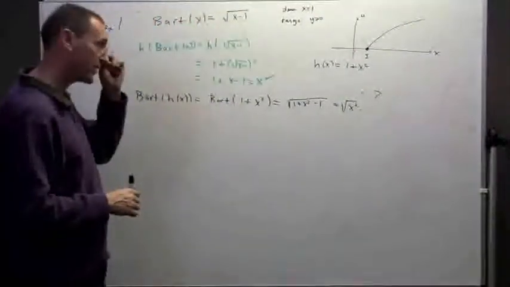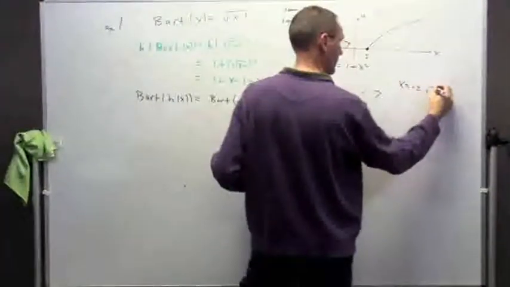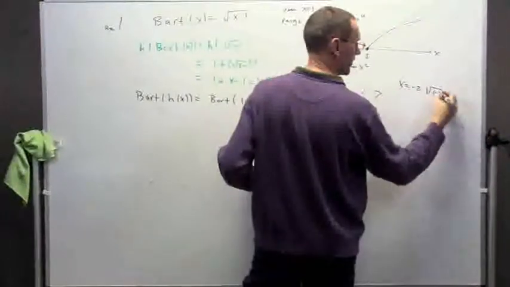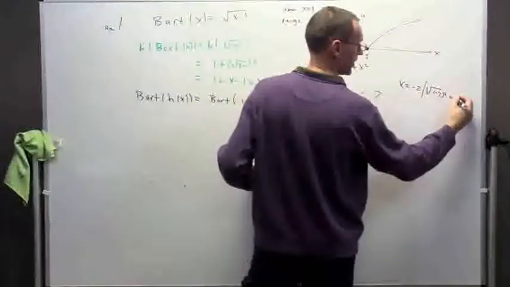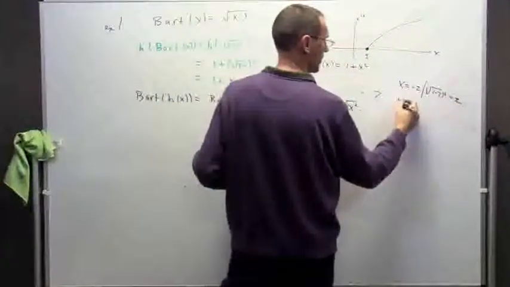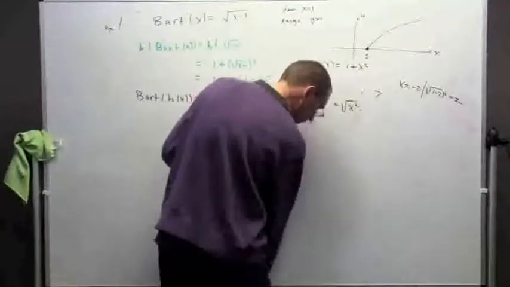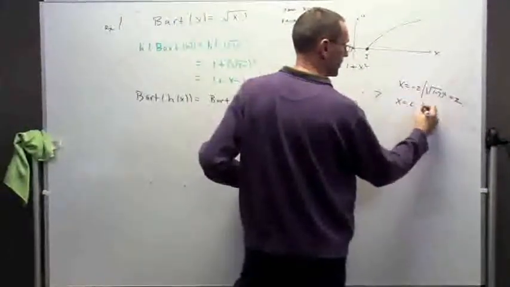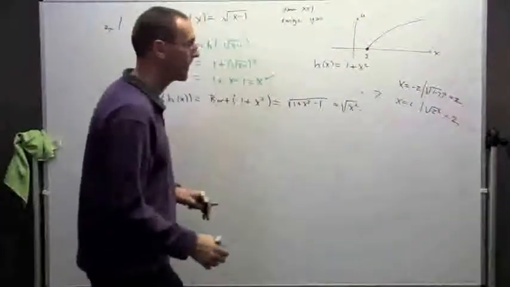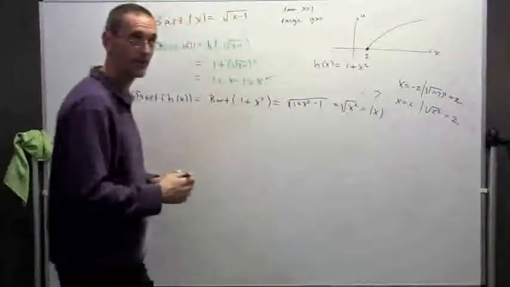If I plug in x equals minus 2, I get the square root of 4, which is going to be equal to 2. I plug in x equals 2, I get the square root of 2 squared, which is 2. So this is really just a fancy way of saying the absolute value of x.